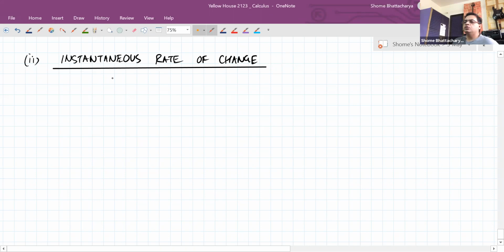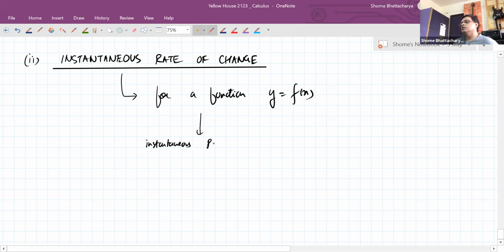Okay. So in terms of calculus, for a function y equal to f(x), the instantaneous rate of change is given by a special symbol now.